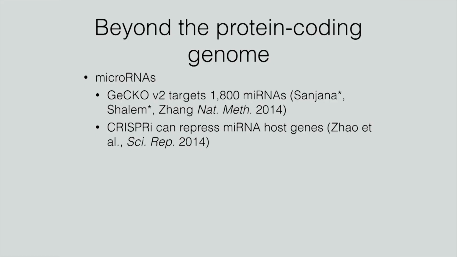And it's come up as hits in a few screens that they've done with this. I don't know if they've followed up more on whether the microRNA they're hitting is the relevant hit, but it seems like a really nice approach. And CRISPRi has been shown also to be able to repress microRNAs, but not in the same directed fashion. With CRISPRi, you can only really inhibit transcription, and do so from a transcription start site.